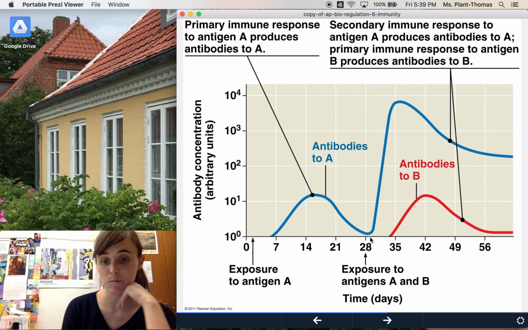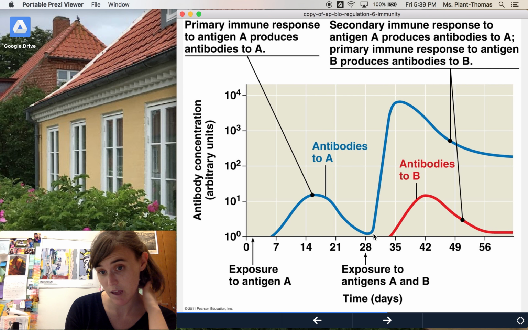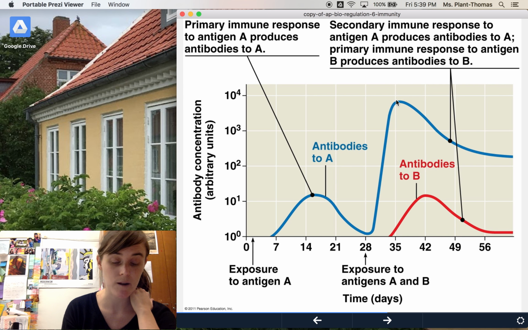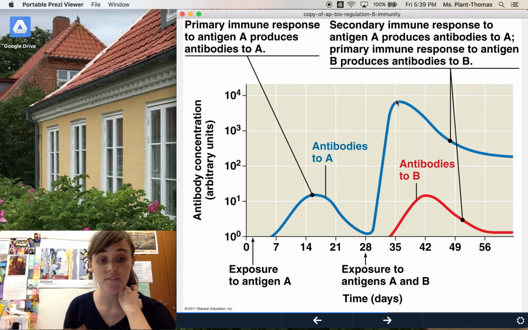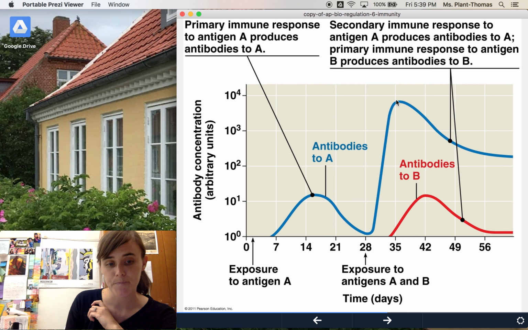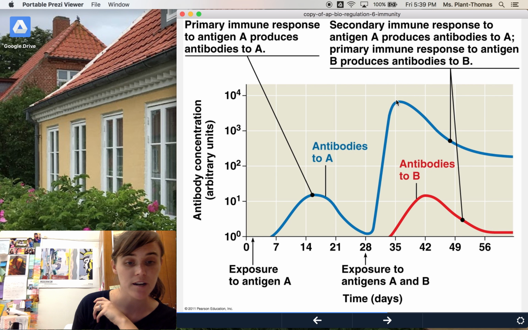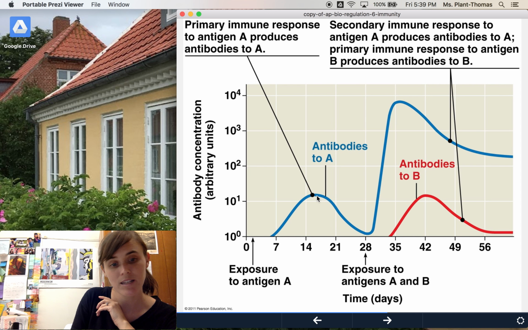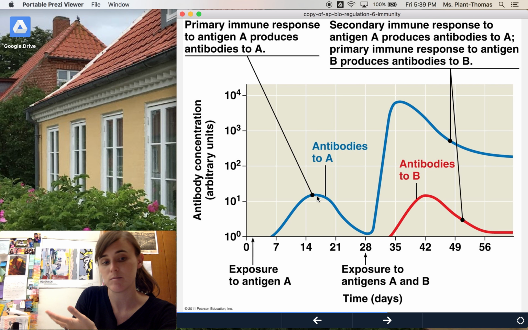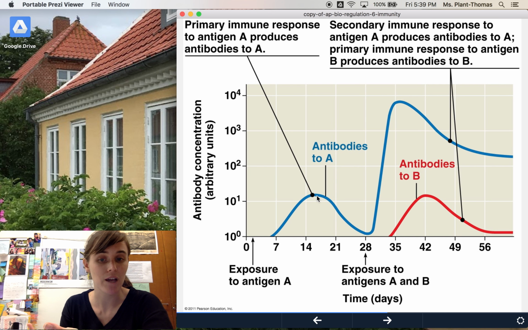Then next time you're exposed to it, this time you're exposed to the real thing, and you've already got those antibodies. They get produced so fast, you don't even get sick, and so you don't know. So you got the flu shot, and you might have been exposed to the flu, but you never even knew it because your body produced the antibodies so fast. The way it worked in Edward Jenner's case was that people were exposed to cowpox, so they produced antibodies to cowpox, and they did get sick, but it wasn't so bad. They got some sores, but they didn't die like they would have if they got smallpox.